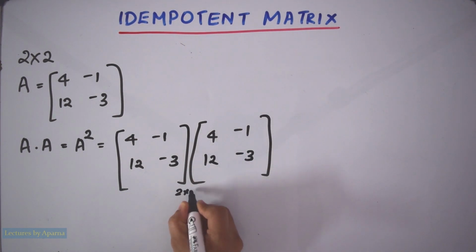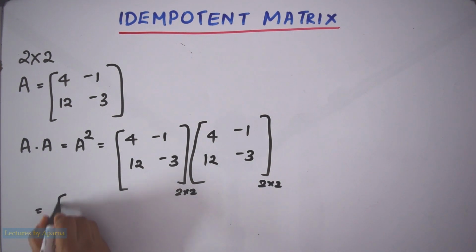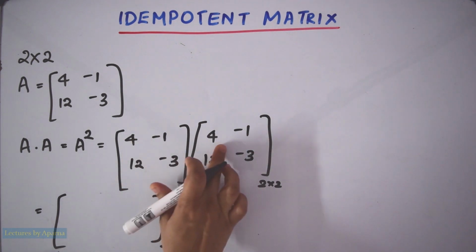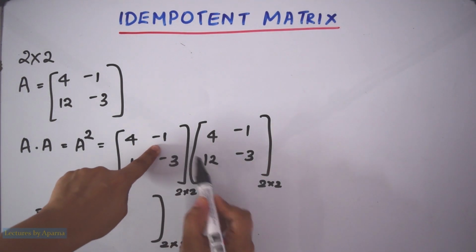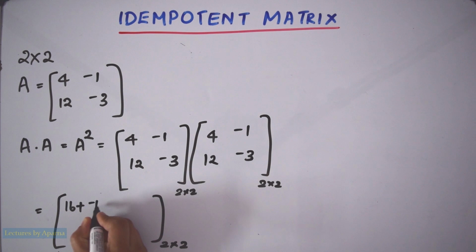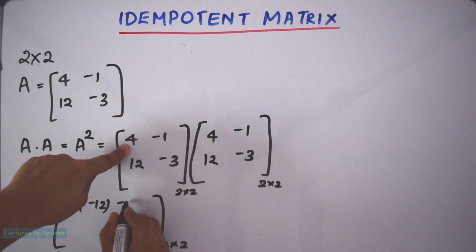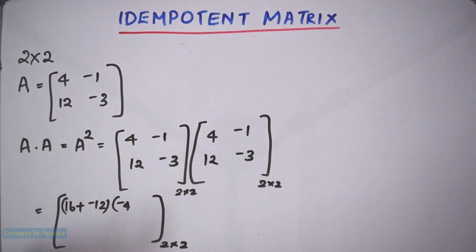This is a 2 by 2 matrix. This is also a 2 by 2 matrix. So the result you get will also be a 2 by 2 matrix. Now 4 into 4 is 16 plus minus 1 into 12 is minus 12. Next is 4 into minus 1, minus 4, minus 1 into minus 3 is 3.